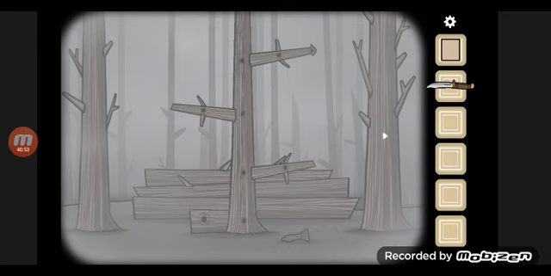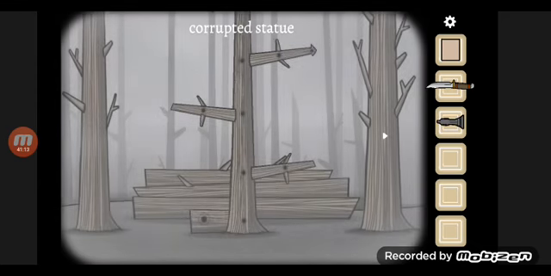And we reached the tree, the branches of which are kind of indicators to the next route. So let's select the corrupted statue and move to point 5.